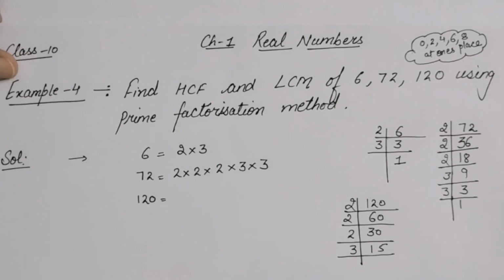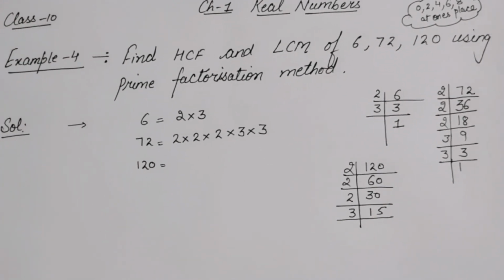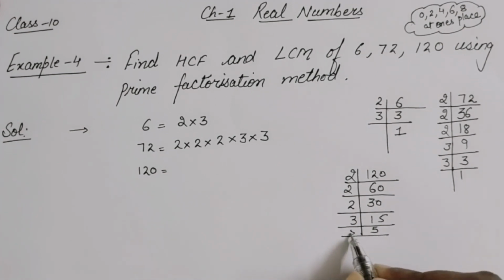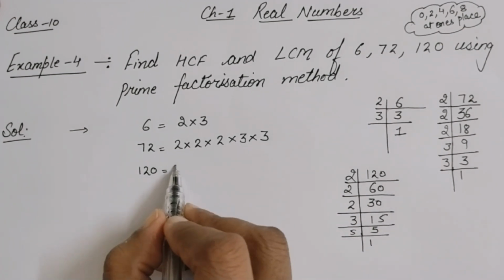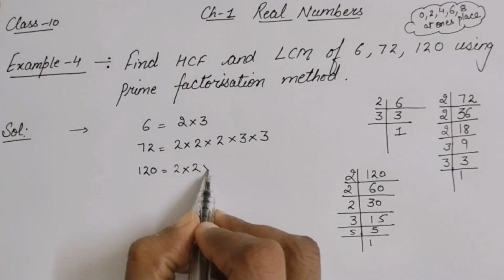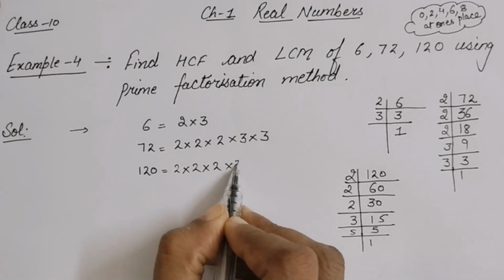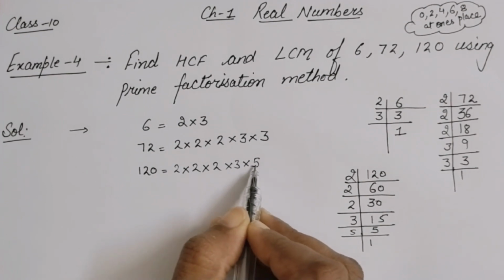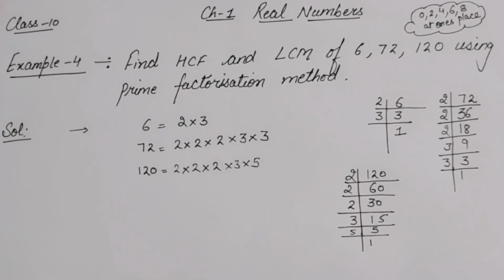Now it is divisible by 3. So it is 2 into 2 into 2 into 3 into 5. You can check your answer: 2 4s are 8, 8 3s are 24, 24 5s are 120.